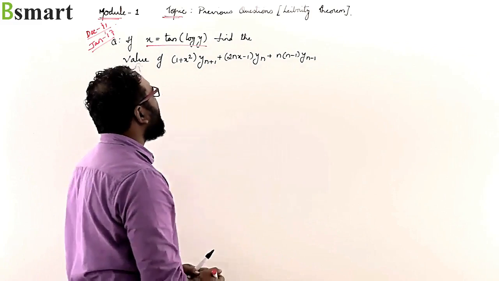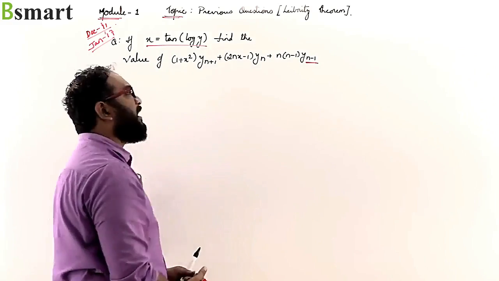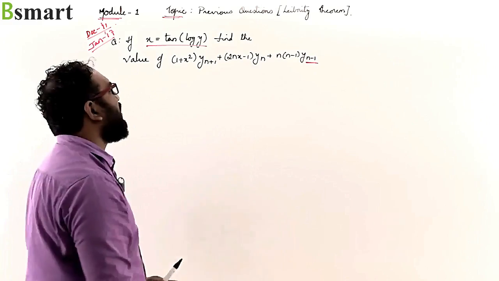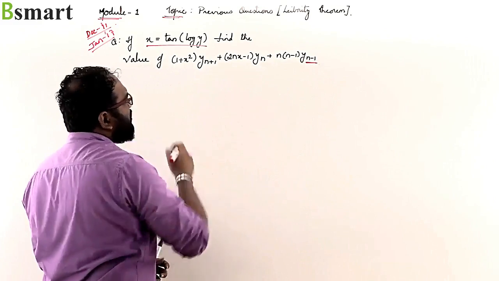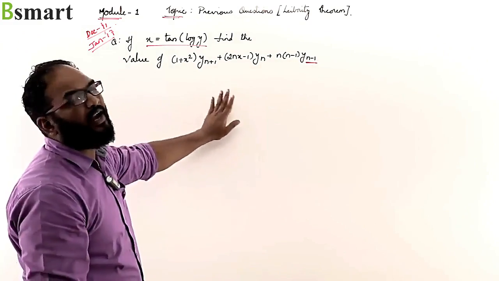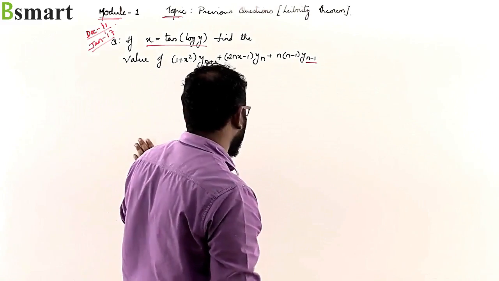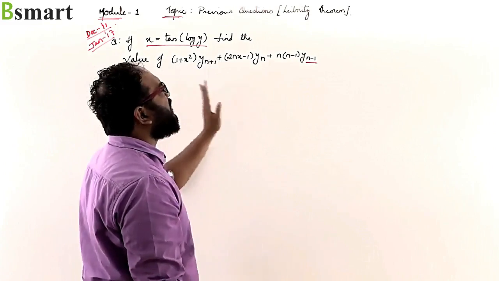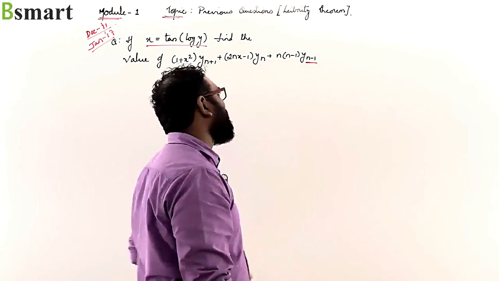And if we look into this one, here we are having y(n-1). So as we are having y(n-1), we will establish a relation between y and y1. Once we establish the relation between y and y1, and if we apply the nth derivative, then we will be getting the terms of n minus 1.